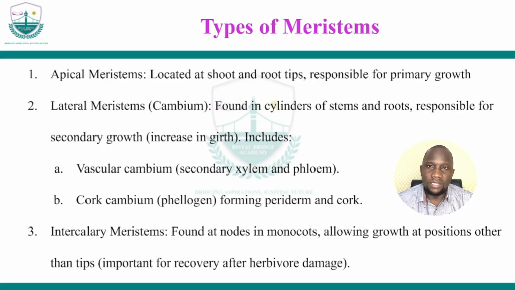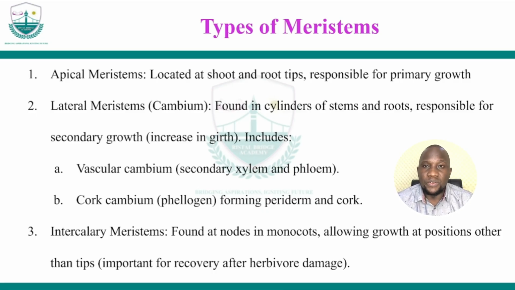And then the second one is what we call the lateral meristems, which we can term as cambium. These are found around the stems and roots. They contribute to the thickening of the roots and also the stem. Okay, and that thickening is what we call secondary girth, or secondary growth. For apical meristem, it contributes to primary growth, which is the increase in height of the plant. Okay, so we have two types of lateral meristems.